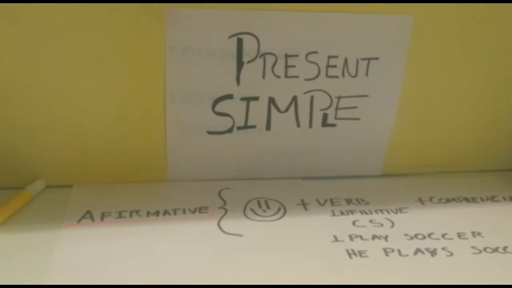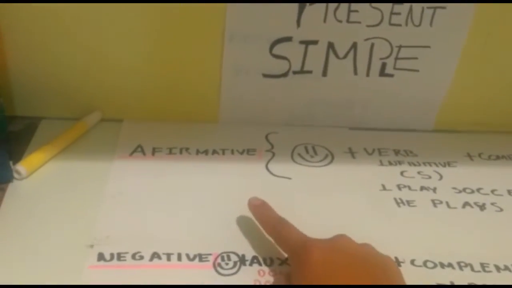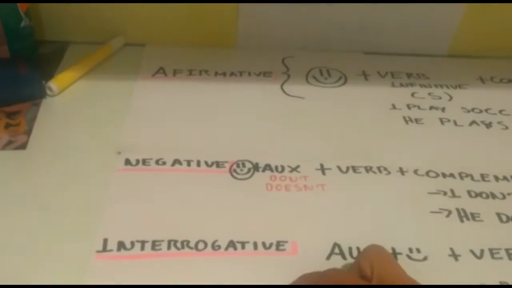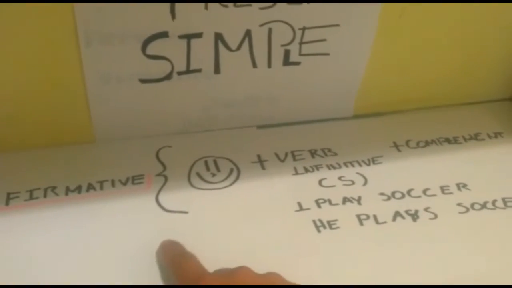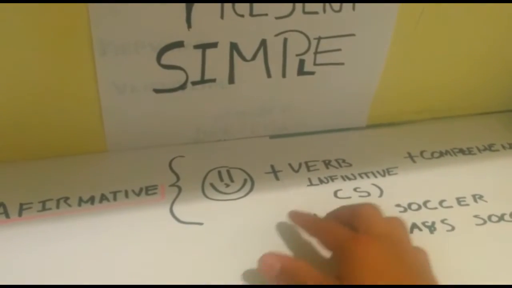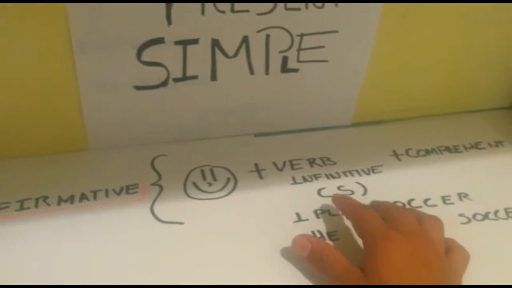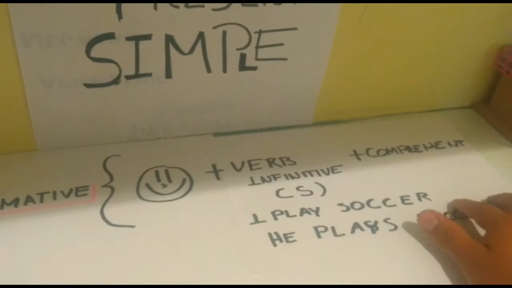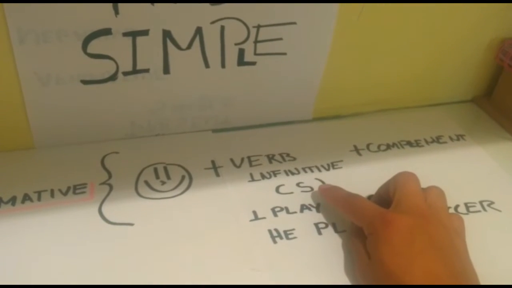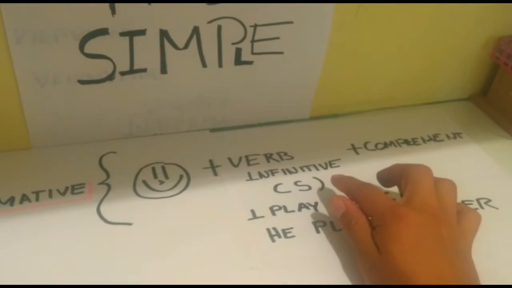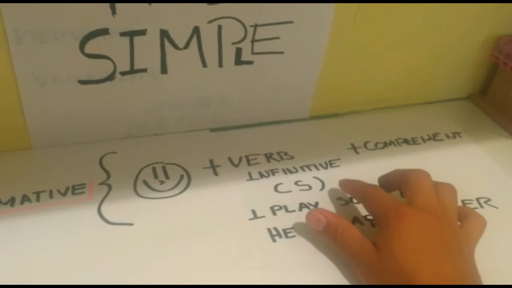About the present simple, there are three forms: affirmative, negative, and interrogative. In the affirmative, we use the subject after verb in infinitive and complement. In the verb in the infinitive, for third person, it adds the letter s depending on the verb.